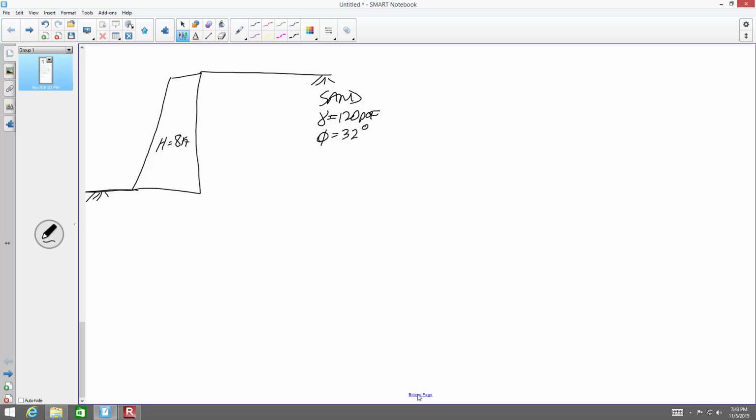So what's the equation for the active earth pressure at the base of the wall? We all know the pressure diagram is going to look like this. Clean dry sand. So what's the pressure at the bottom of the wall?